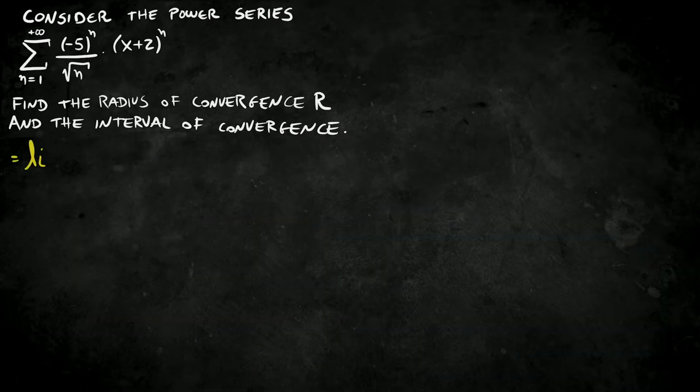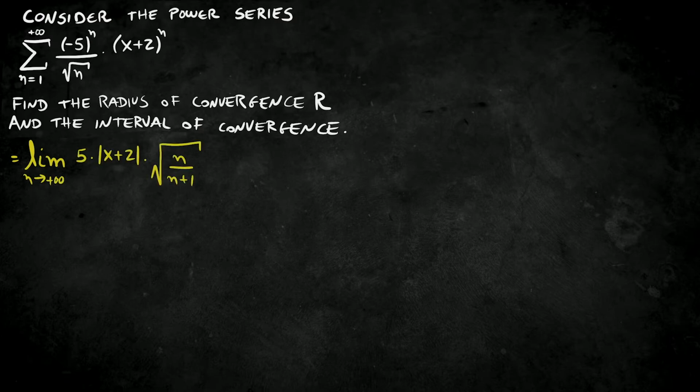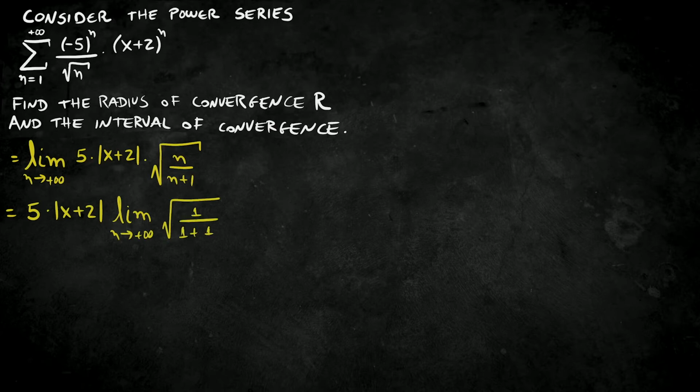But this is the same as 5 times the absolute value of x + 2 times the limit as n goes to positive infinity of the square root of 1 over 1 + 1/n. But this limit is just 1. And then we have 5 times the absolute value of x + 2.